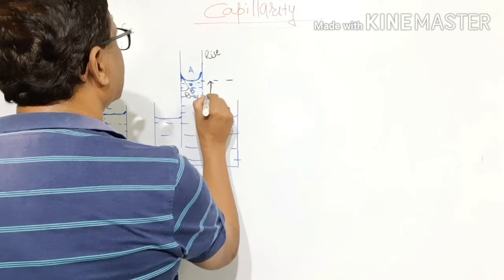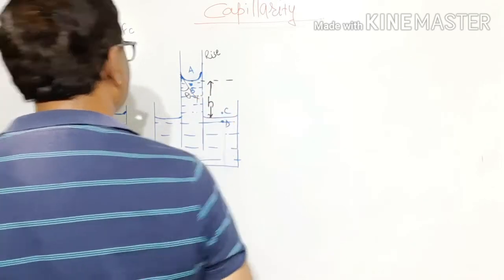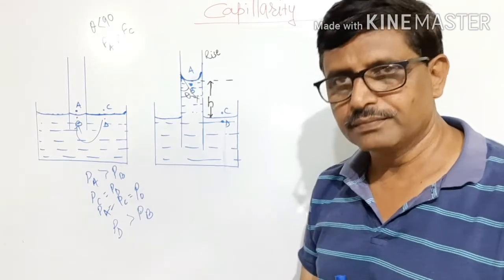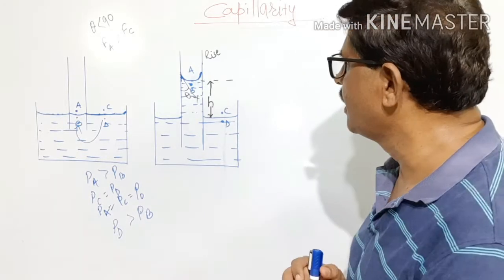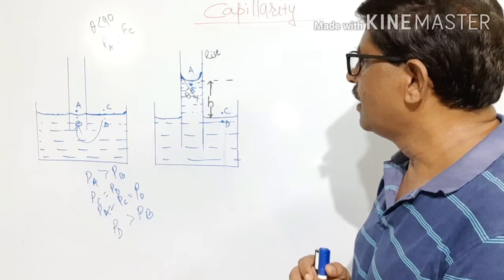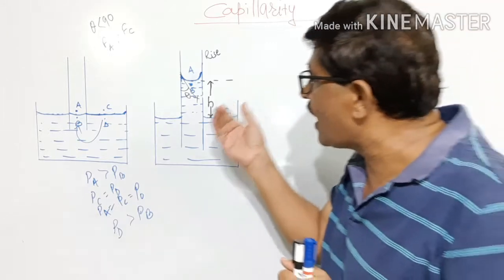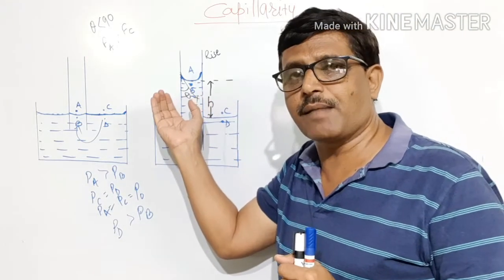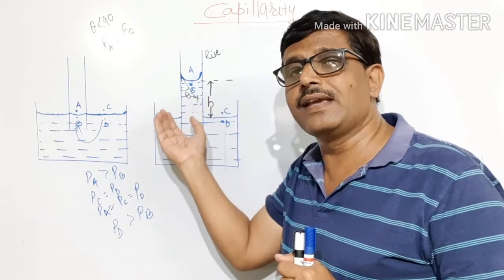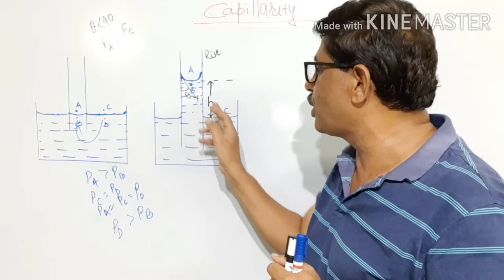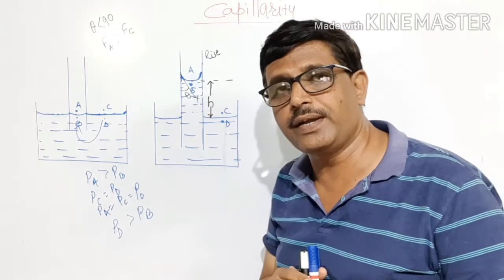Let us consider liquid rises to a height h inside the capillary tube. Now, to what height the liquid will rise inside the capillary tube? Liquid will rise inside the capillary tube until the pressure at point B will become pressure at point D.